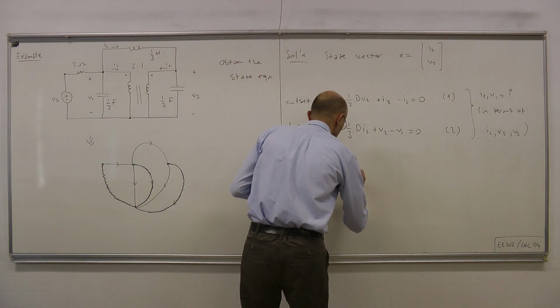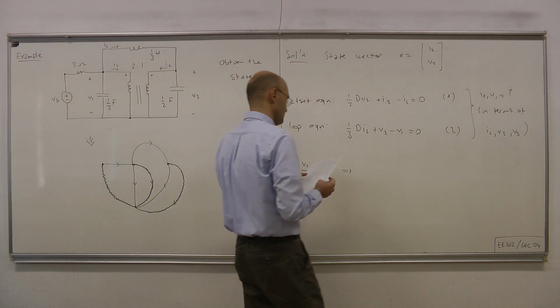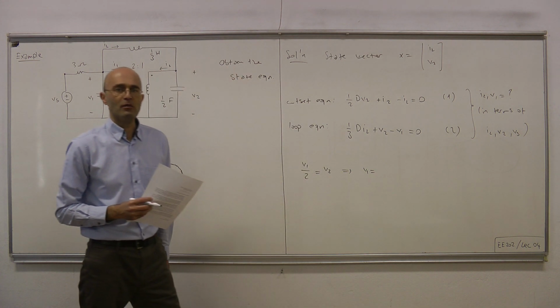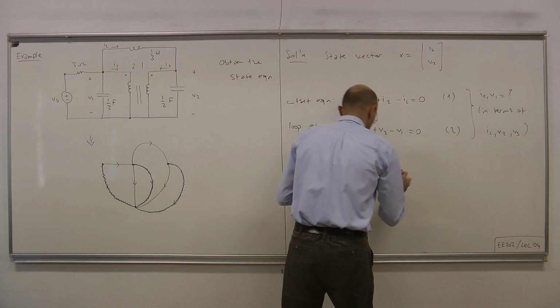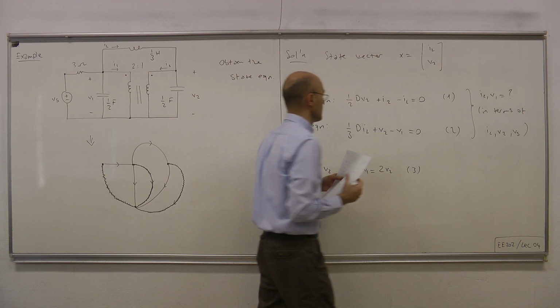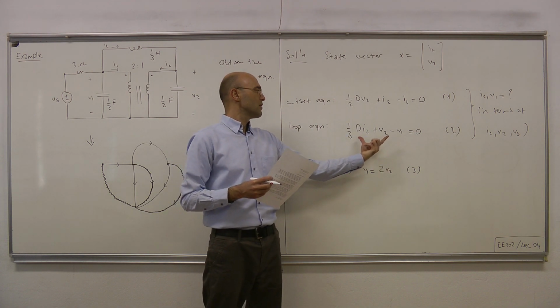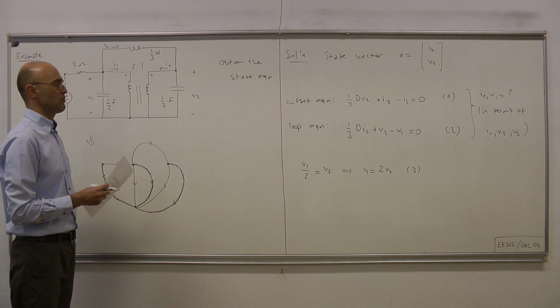And from this terminal equation, we immediately obtain V1 in terms of our formulation variables. V1 equals 2V2. Let's call this equation 3. Therefore, by replacing this V1 with 2V2, this equation gets into a nice form.